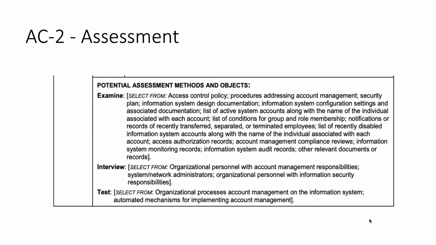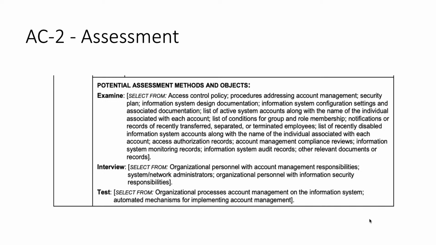the actual assessment process. So in this one, we have all 3 of the assessment methods. We have examine, we have interview, and we have test. And we've got a long list of things we can examine, right? Access control policy and procedures, the security plan, the information system design document. There's a lot of stuff you can see there.